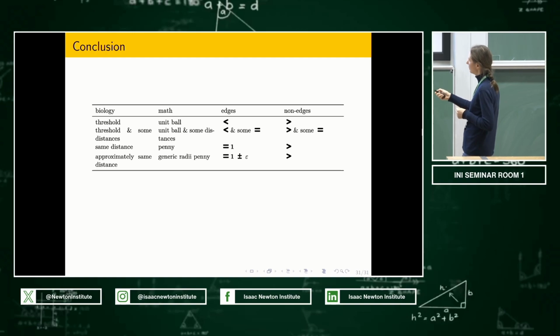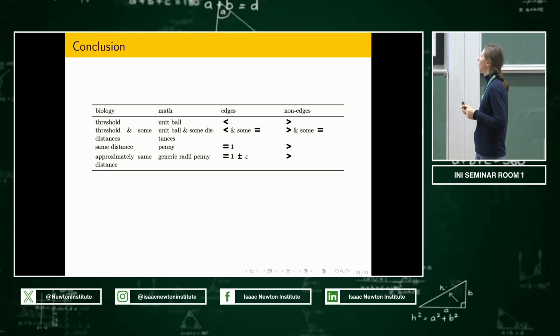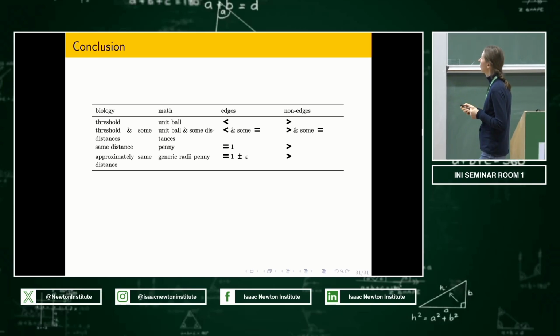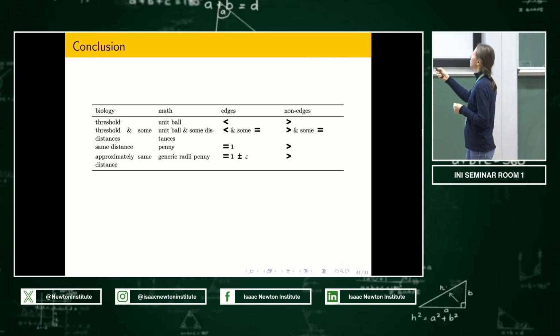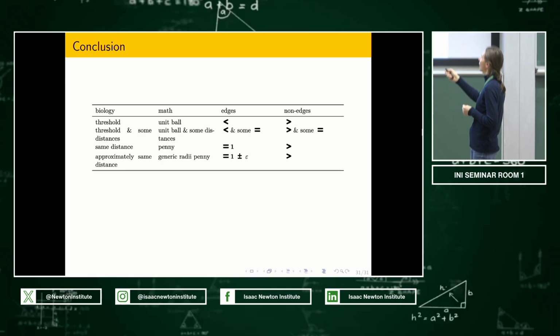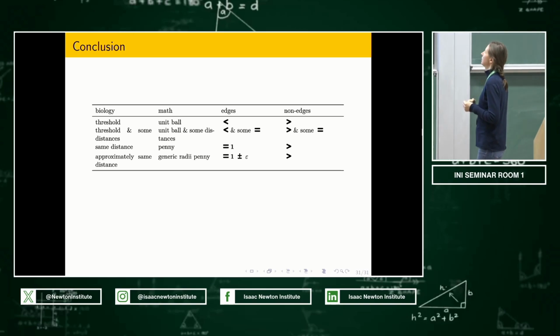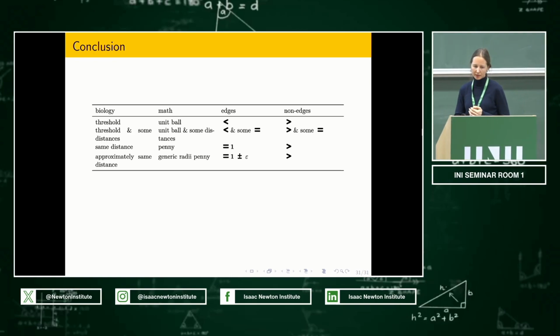And then the same distance model, that is the penny, marble, or sphere model. In the unit-ball model, we have just inequalities for edges. In the second model, inequalities and equalities. In the penny graph model, only equalities for edges, and for non-edges, only inequalities.